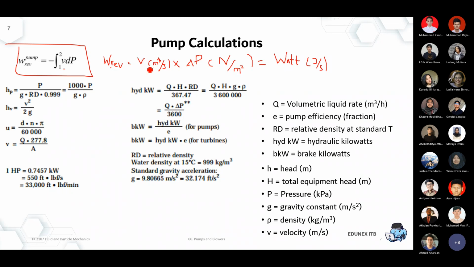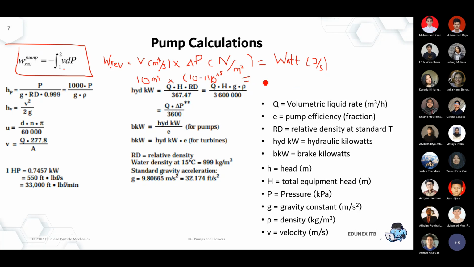So let's say you have a 10 cubic meter per second pump, for example, and you increase the pressure from 1 bar to 10 bar. 1 bar is 10 to the power of 5 in SI, so the delta pressure itself is 900,000 Pascal.